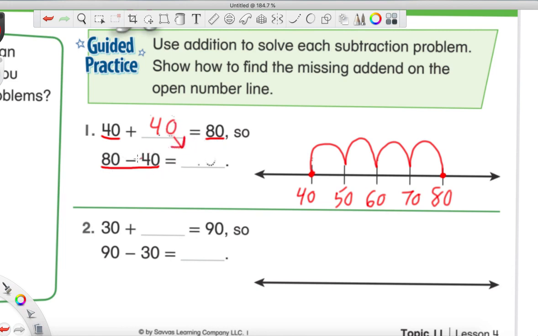If we took 40 away from 80, the answer has to be 40. And if you remember from a while ago, this is called a doubles fact. So you have the number 40 twice. It's doubled. So, fun little flashback, way back down memory lane.